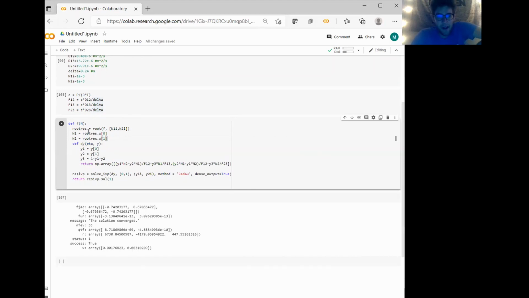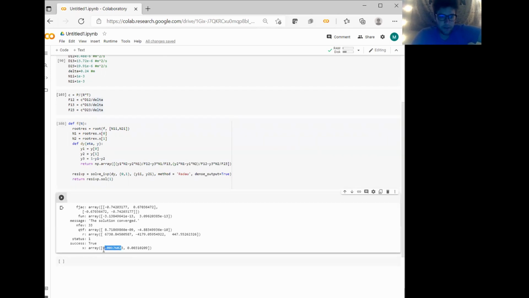So we know that if we have N1 equal to root res in the first term of the array, it's going to give us right here the value of the molar flux of acetone, and this N2 will give us the value of the molar flux of the methanol.